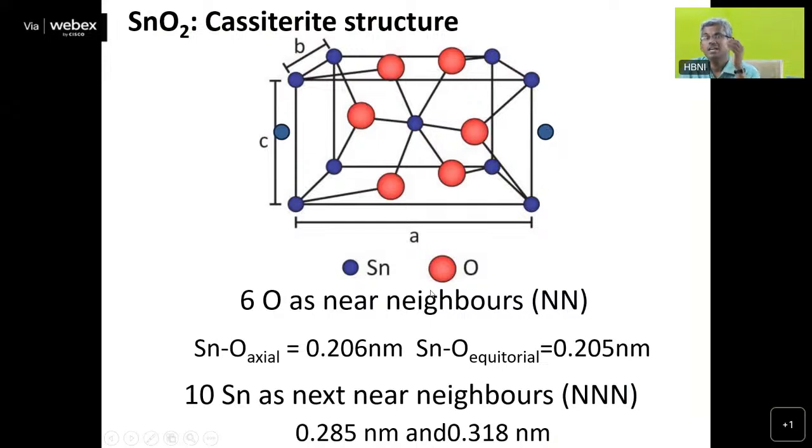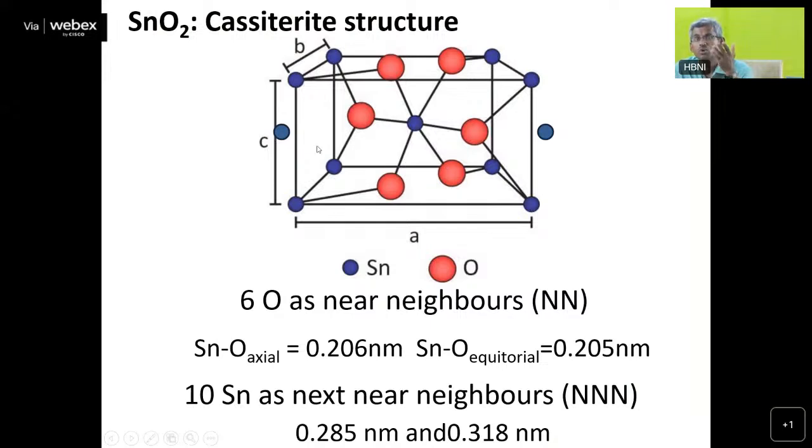So how many next near neighbors are there? Next near neighbors are 10. Why? Because 1, 2, 3, 4 from here, one apical position here, which is very much away from the center tin. Then 4 here, 1 here, 5. Similarly, 4 here, 1 here, 5 total. So 5 above and 5 below. If you take a vertical tetragon, we can say it is 5 above, 5 below.